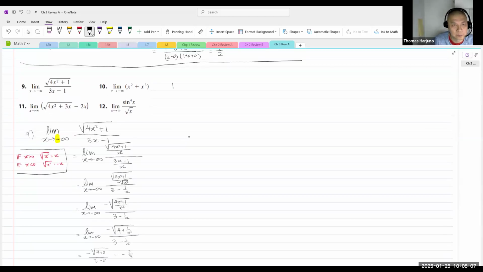Number 10, the limit as x goes to negative infinity of x squared plus x cubed. Do not just plug in infinity right away here. Let's see. If you do that, you are assuming that this equals the limit as x goes to negative infinity of x squared plus the limit as x goes to negative infinity of x cubed.